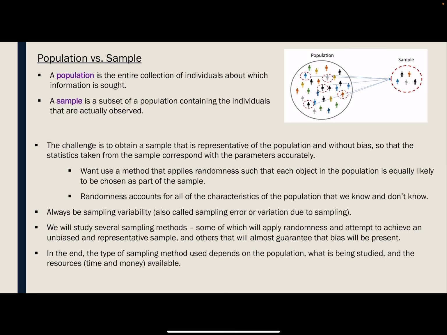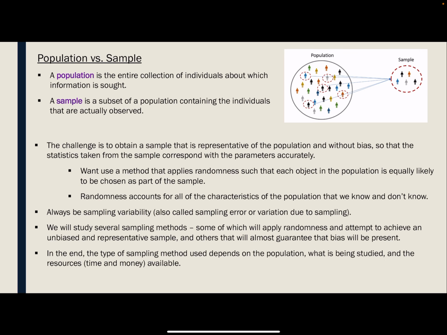For example, some people will say, well, if you have this population, why can't you identify all the characteristics and then just pick individuals that will perfectly represent that population? And the reply to that is because there's a lot of times when you don't know all of the characteristics of your population, and there could be underlying characteristics that you have not identified. Randomness accounts for all of this.